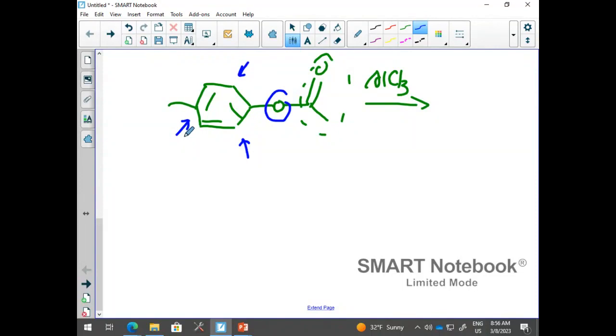But because the P side is already occupied, you can only occupy the O side. So the product will be, and keep in mind, a phenol product. So that is the rearrangement product.